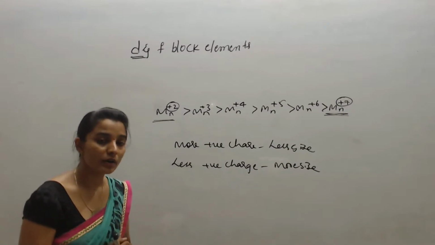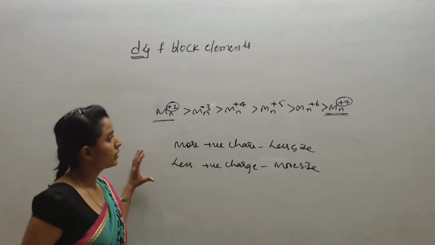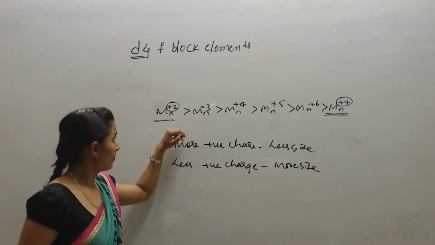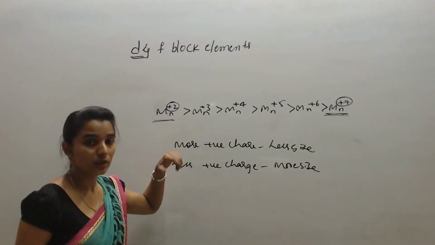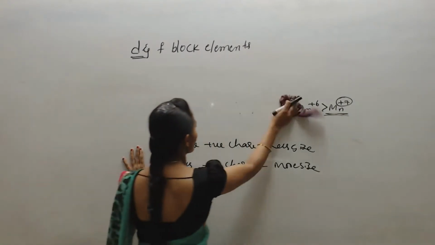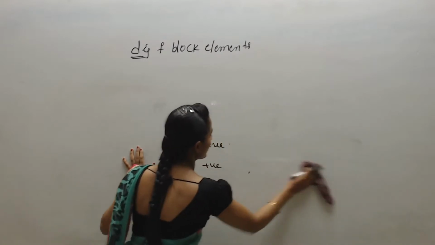In tomorrow's class, I am going to tell you about all the remaining periodic properties of the elements, especially d block elements. For you students, one question is there. That is very, very important.